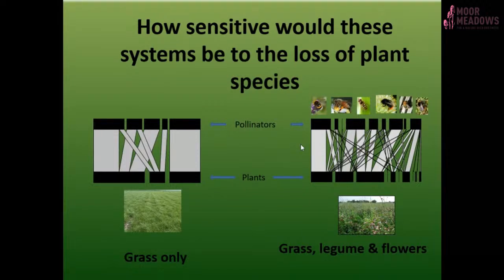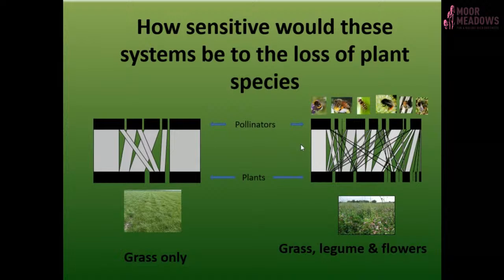And there might be the odd creeping thistle in there, but very much they are dominated by just these 3 grasses. And then on the right, we have our grass and clover and wildflower mix grassland with all of the complex relationships between the plants and the bees, bumblebees, hoverflies at the top.